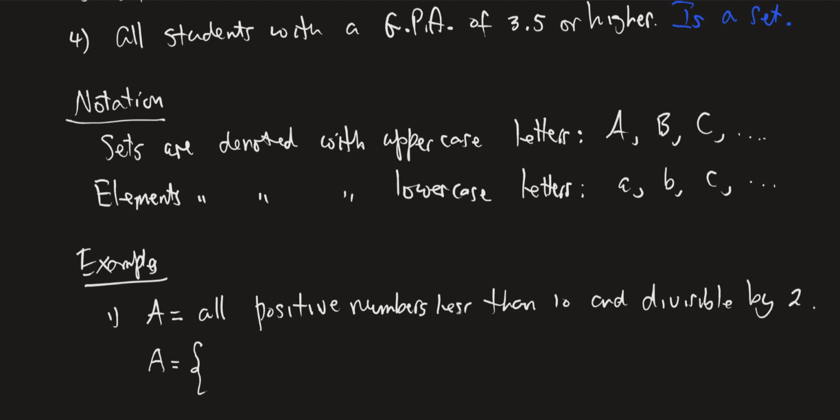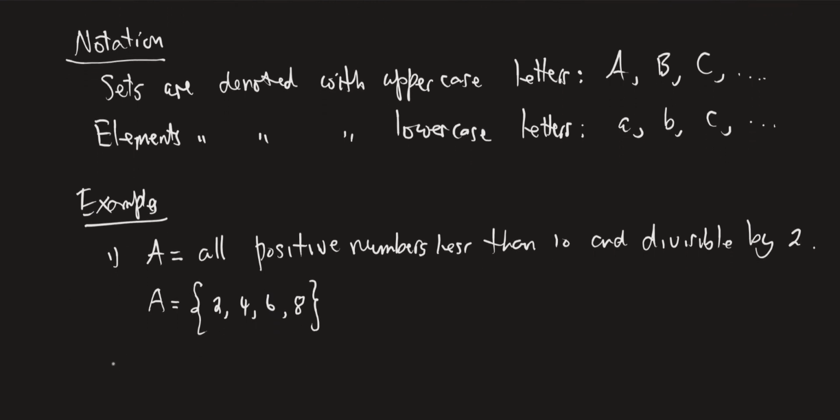So it says all positive numbers less than 10 divisible by 2. So that would be 2, comma 4, 6, 8, and it says less than 10, so I can't include 10. So then I'll close the braces, like this, right? So these are two equivalent definitions of the same set A, right?